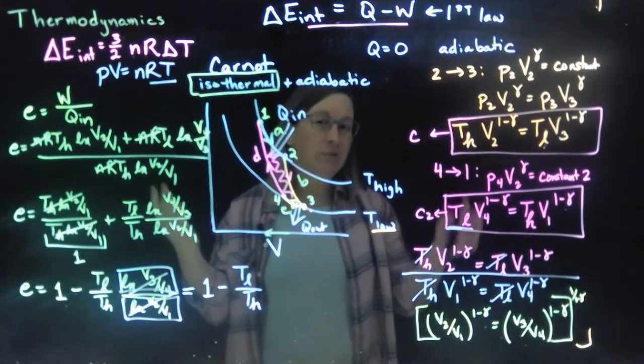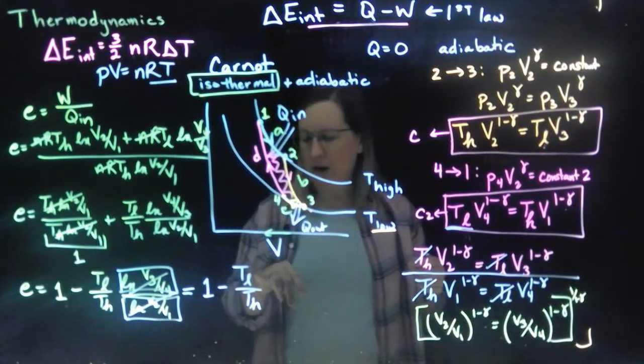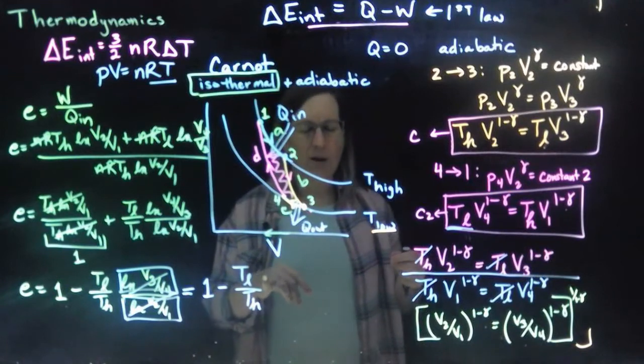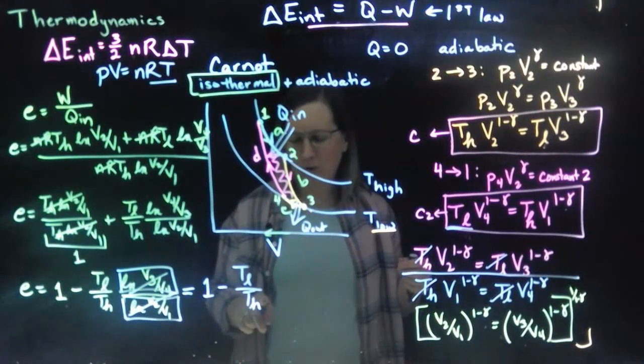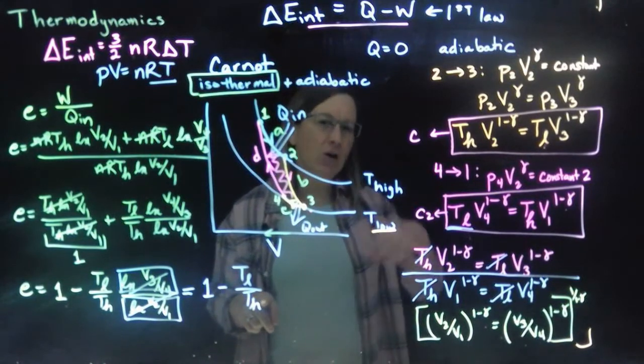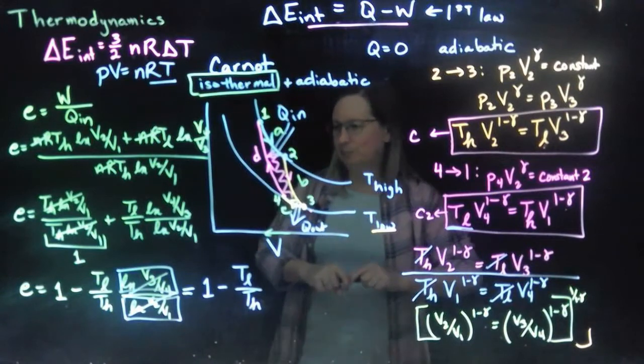It turns out cold streams and bodies of water tend to be nice places to exhaust to. And then this high temperature, this is where we make most of our work. How can we get a really high temperature so we can have a higher efficiency?